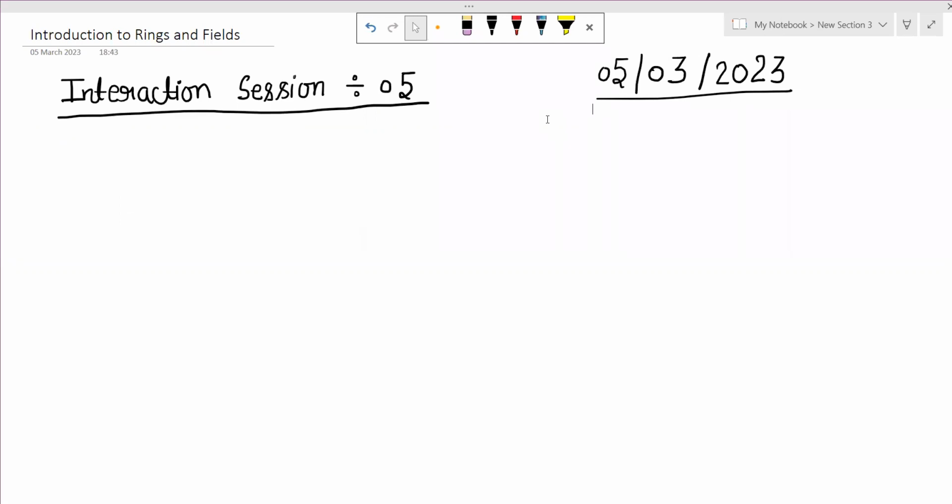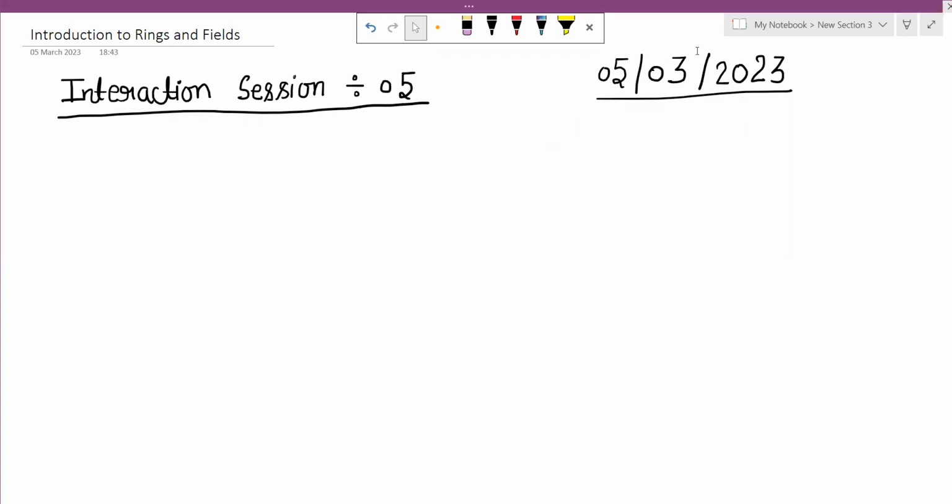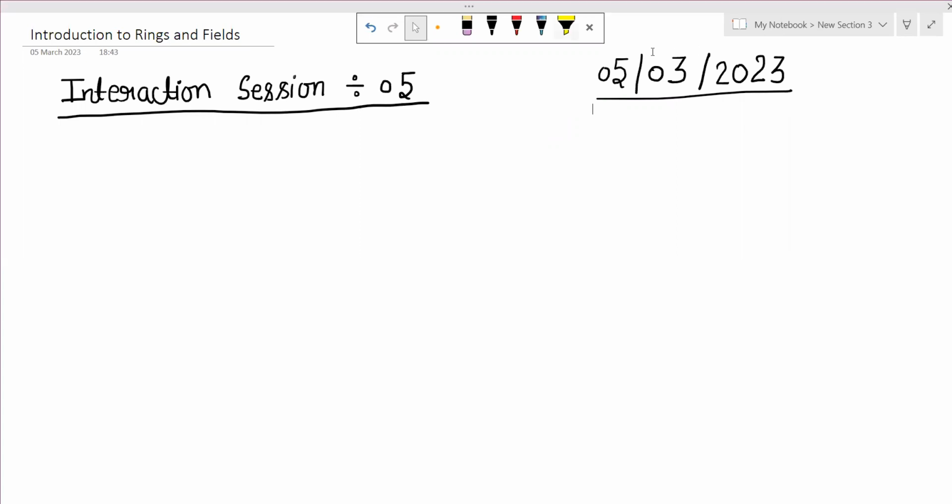So we will solve today the practice 7 assignment and then do some other things, like if you need some help in some theory. This course, Introduction to Rings and Fields, consists of 2 parts, rings and fields. The rings part was done up to week 6 lectures and fields after that. So the week 7 practice assignment consists of questions from the field section.